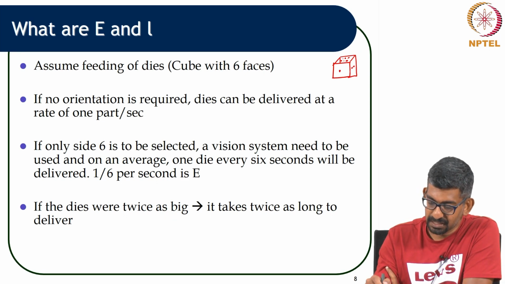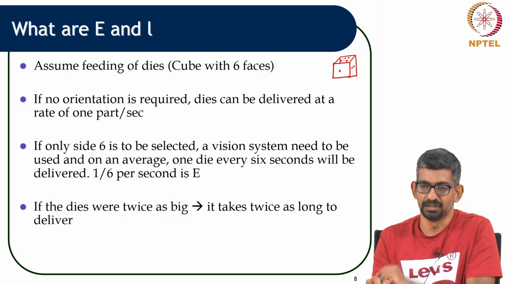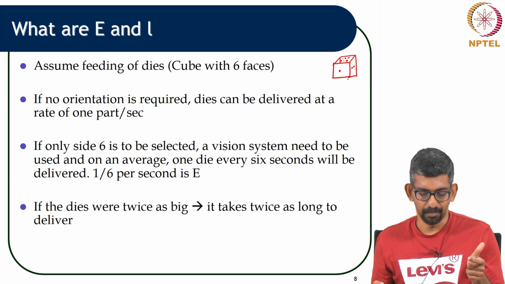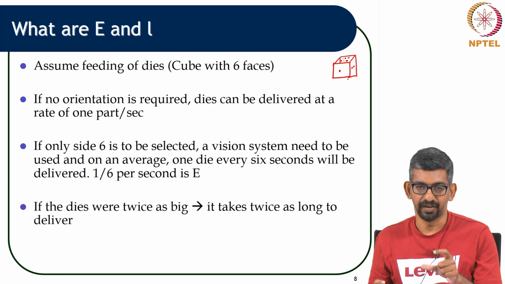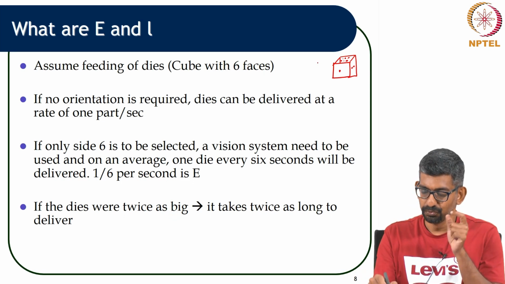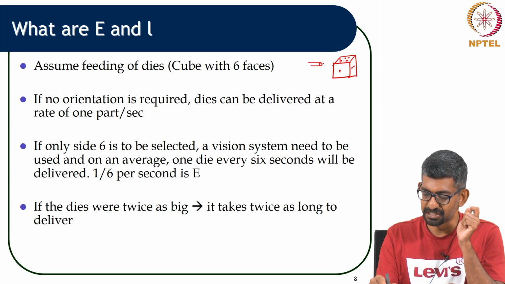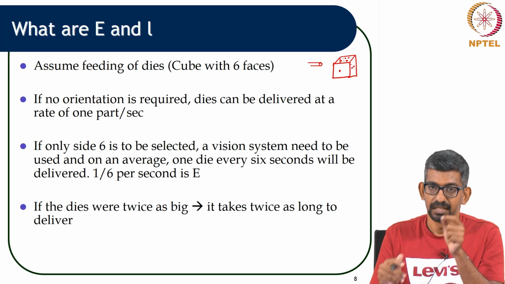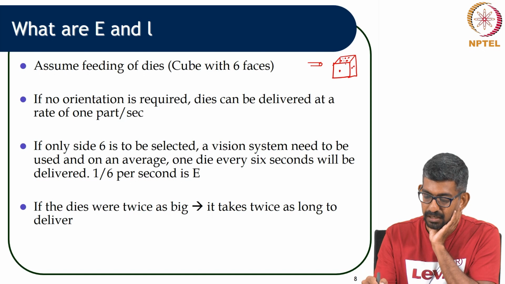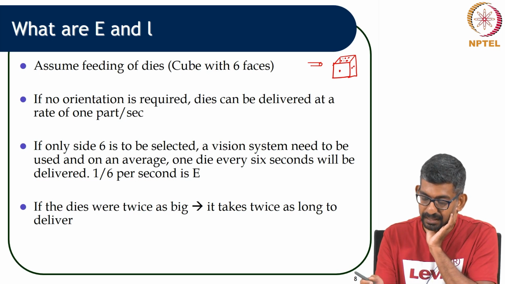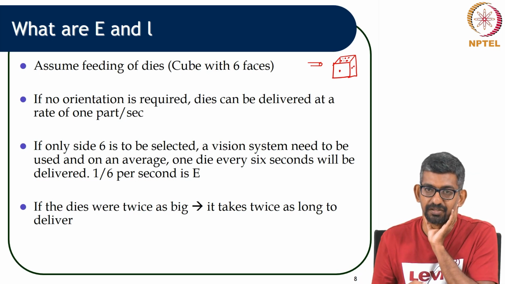If you are just going to use the die, probably it will take about 1 second, let us say. But if I have to use some kind of a vision system to understand whether there was 1 dot or 6 dots or 2 dots, then I have to orient the die in 6 different directions to understand how many dots are there, and then supply that face for the assembly.